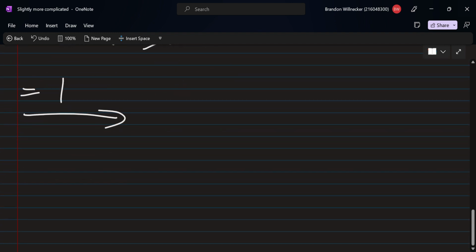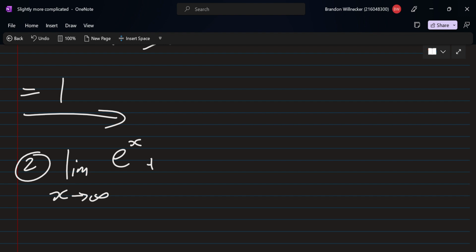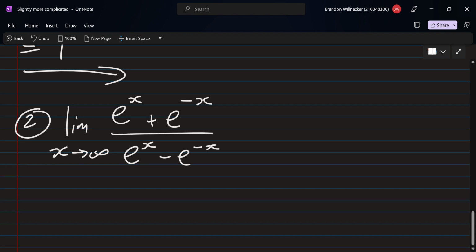Method number 2, some algebra. Okay, so we have the limit as x goes to infinity of e to the x plus e to the minus x over e to the x minus e to the minus x. This is another way of handling this problem.